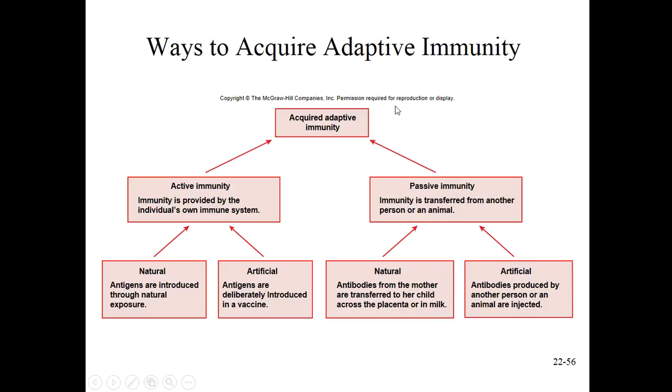Artificial passive immunity is something that we've invented through medicine, where we can harvest antibodies from a horse, for example, or maybe from donated plasma, and then isolate those antibodies so that if we have a very sick patient, we can just give them a dose of antibodies to try to fight off the infection.